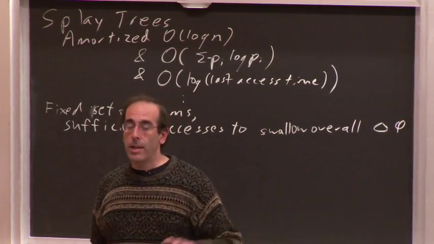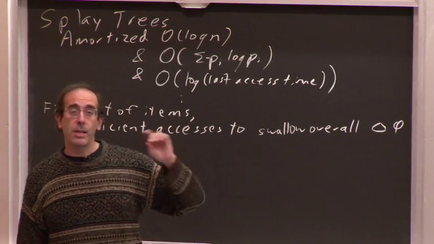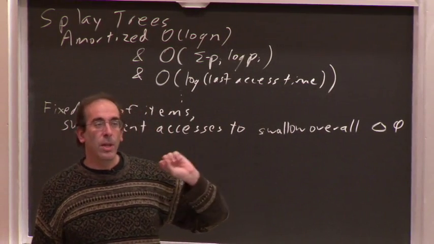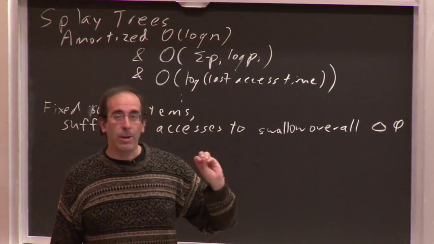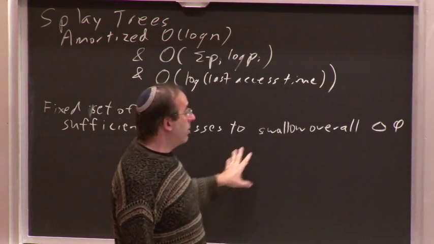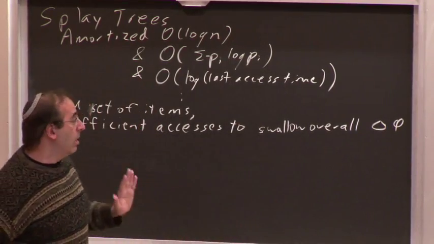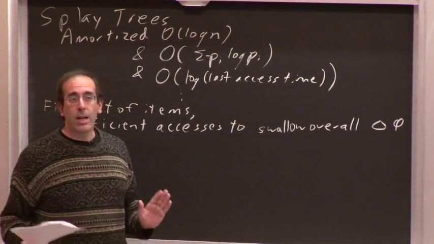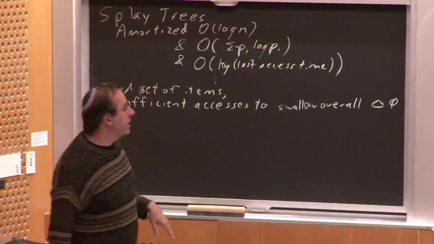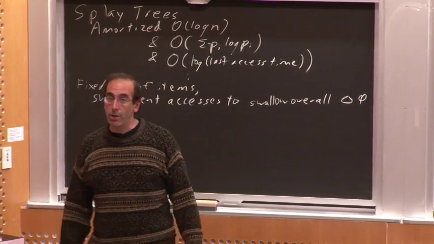We recognize that the starting tree may have very high potential, which gives you free work that doesn't properly measure the real cost of your operations. So we had to make sure that free work was small enough to be negligible. And we showed that if you access every item, then the total amount of work you're doing dominates the error term introduced by this possible change in potential.